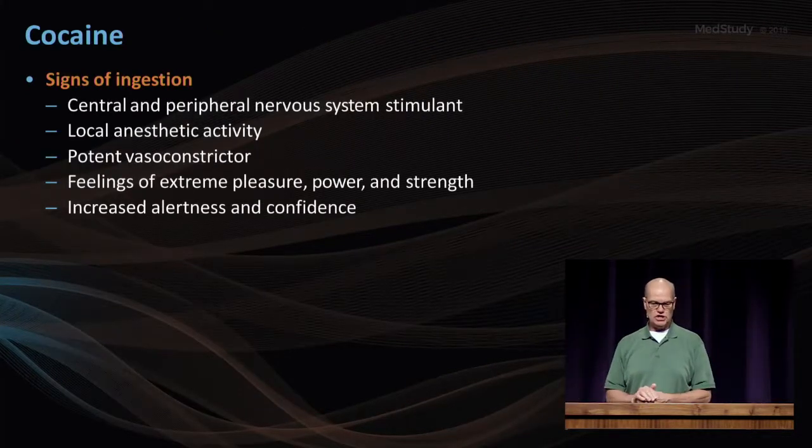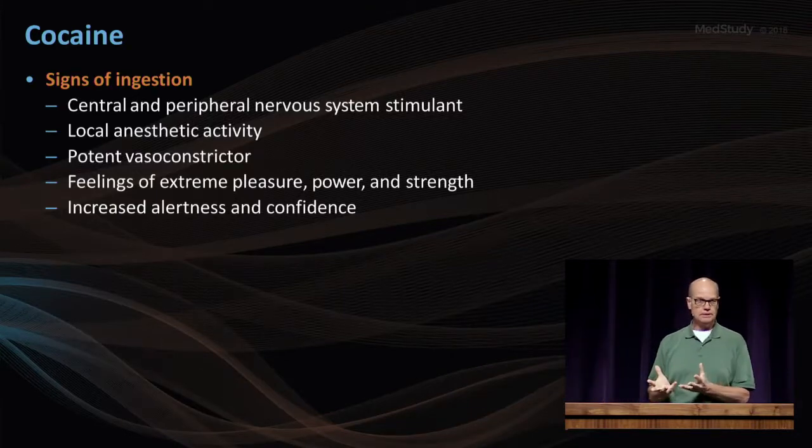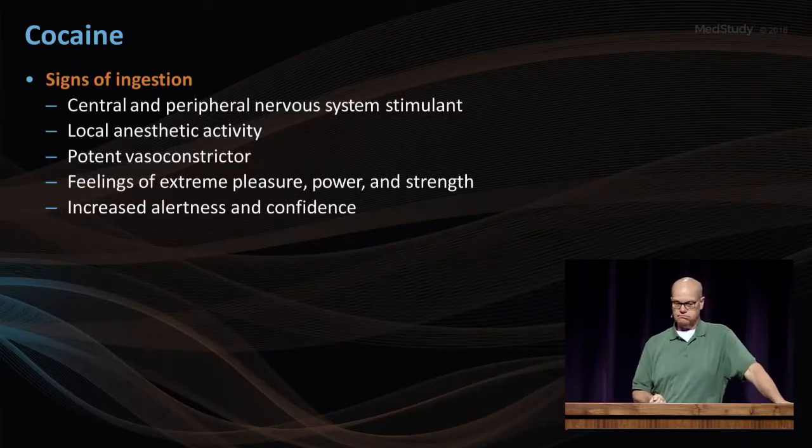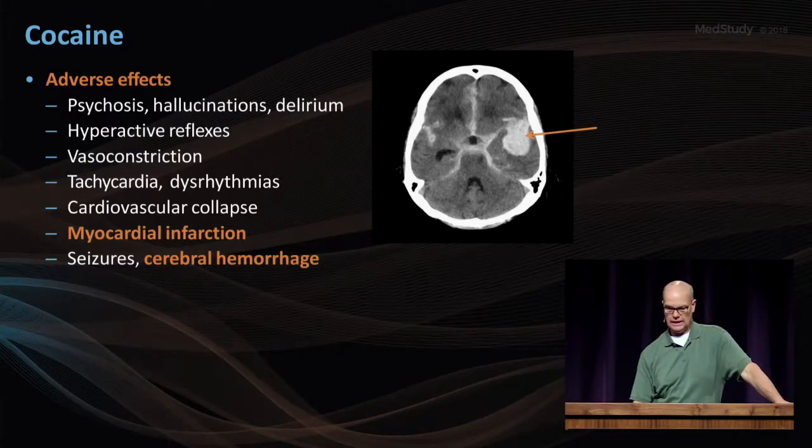Cocaine, the signs of ingestion are listed here. Again, typically used for feelings of pleasure, power, and strength, and increased alertness. The adverse effects, especially that you're going to want for your boards, MI, and because of the vasoconstrictive actions of cocaine, cerebral hemorrhage.